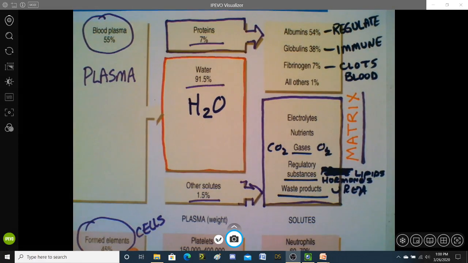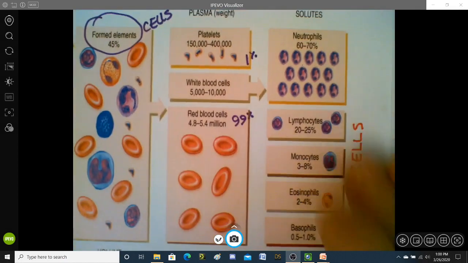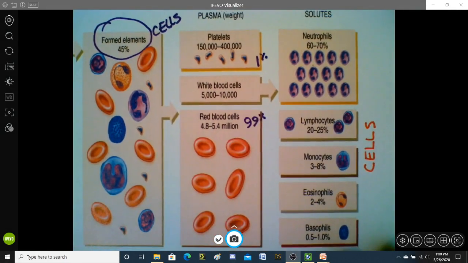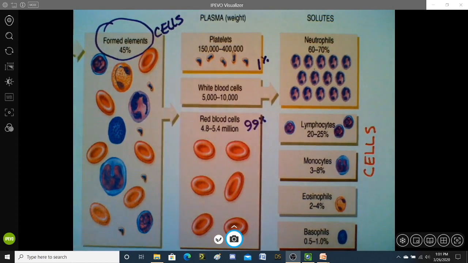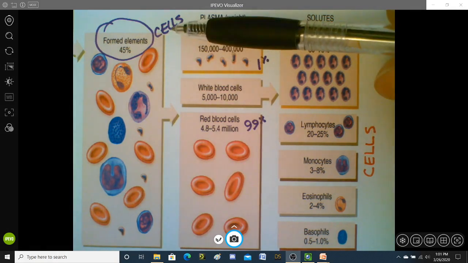Okay, now the crux of this chapter is going to be the cells. And so I want to mention these cells, and I could actually kill two birds with one stone with this handout here, but I'll come back to the functions of these cells in a different video. But formed elements are just cells, all right?